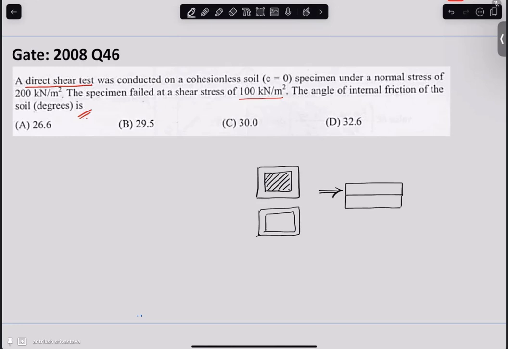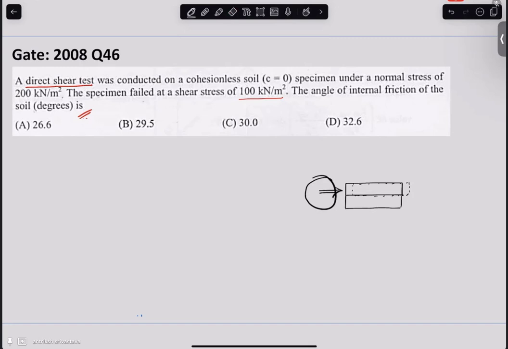And when this particular box moved to a certain extent, or the sideways stress applied will decrease after the increase, then we'll call this the shear failure point, right? So this is a little bit of a summary of what a direct shear test was.